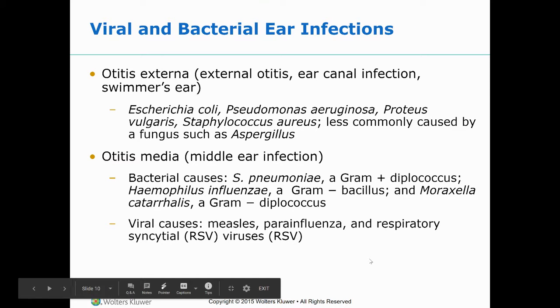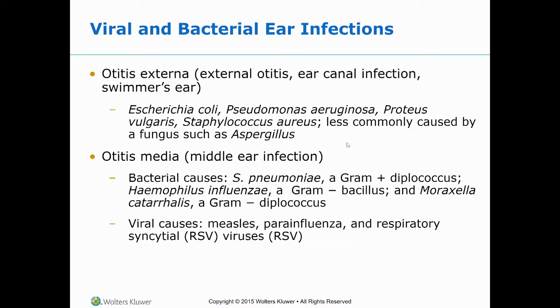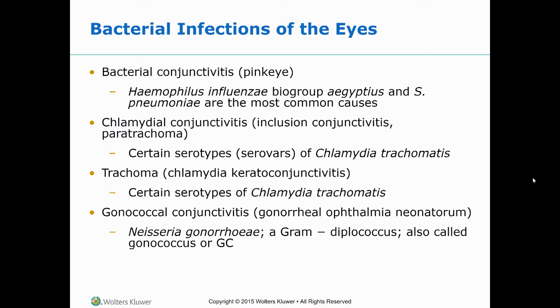Okay. So here, these are going to be our two ear infections, and they can be caused by a variety of different bacteria. Again, Staph aureus here. So you get the idea. Again, most of the time, this is just going to be considered that. We can also have pink eye that's bacterial, so bacterial conjunctivitis.